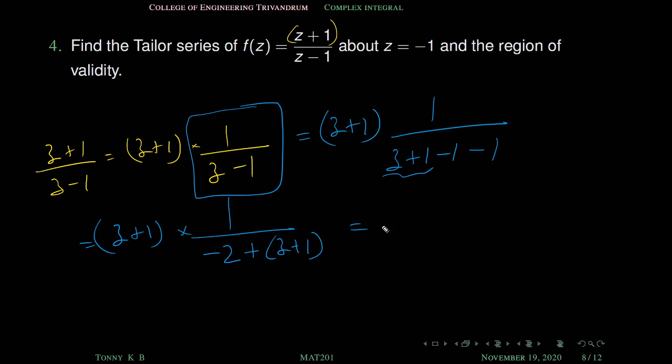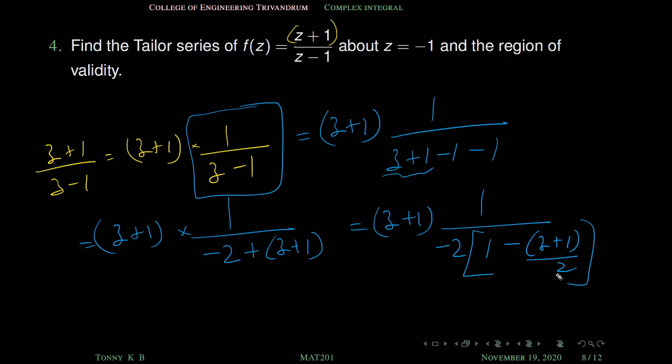Again this can be written as z plus 1 into 1 by, how to convert this into the standard Maclaurin series form? Sir, take minus 2 outside. Correct. If you take minus 2 outside, this becomes 1 minus z plus 1 divided by 2, right?